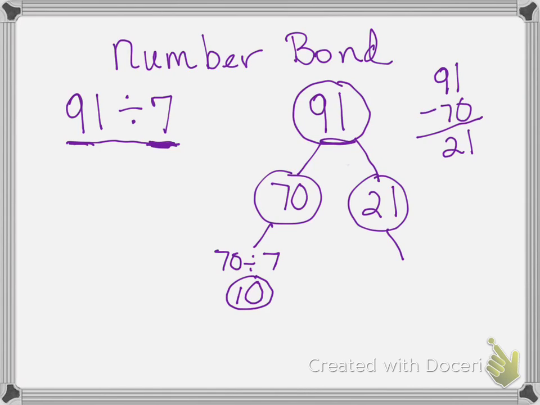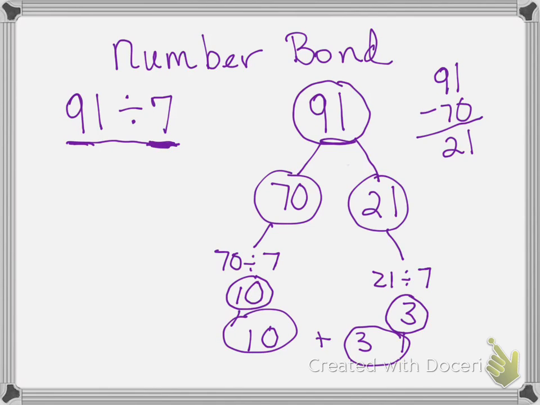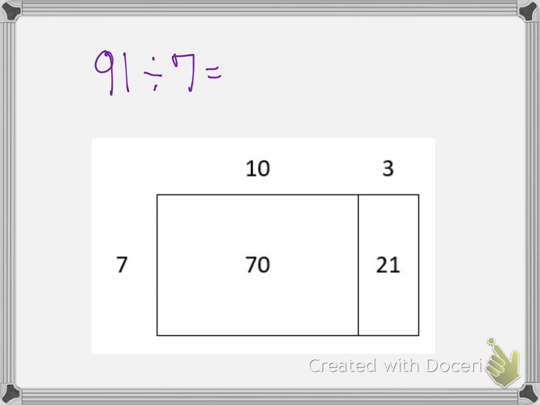And 21 divided by 7 is 3. So continue our number bond. 10 plus 3 is 13. So the answer to this division problem, 91 divided by 7, is 13. And if we go back, look up here. 10 plus 3 is 13.